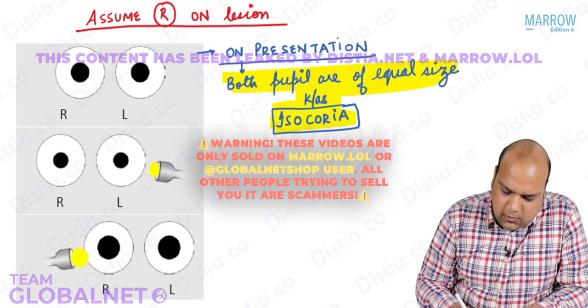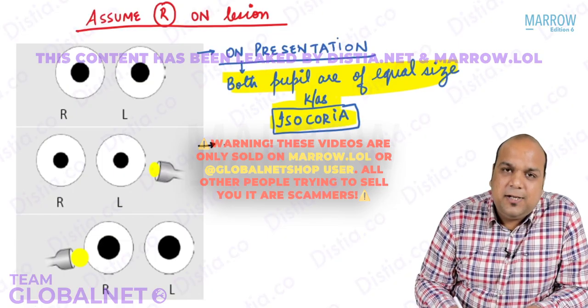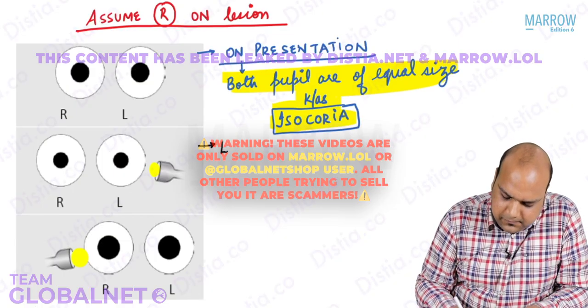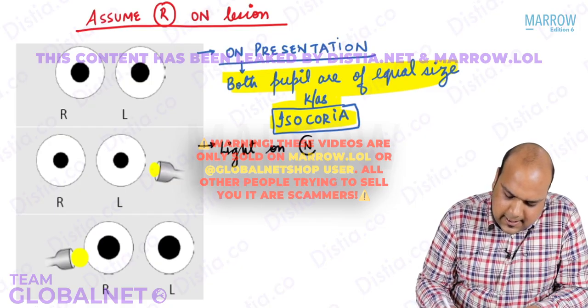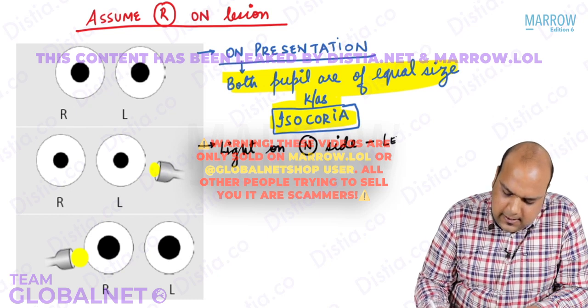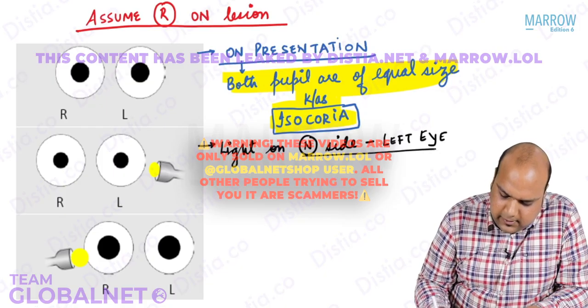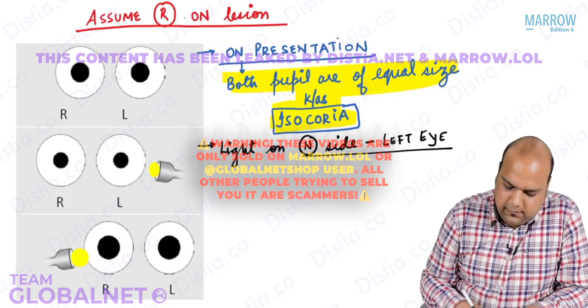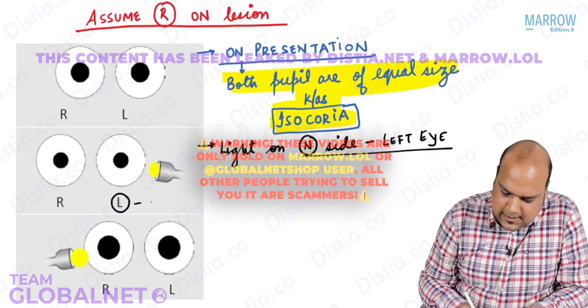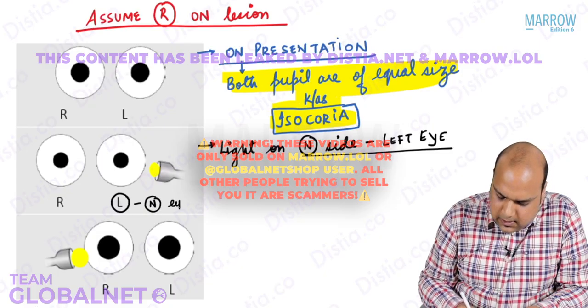Okay. So we first have thrown light on the normal side. In this case, the normal side is the left eye. I hope we are clear. We have assumed right eye optic nerve lesion. So our left eye is the normal eye.